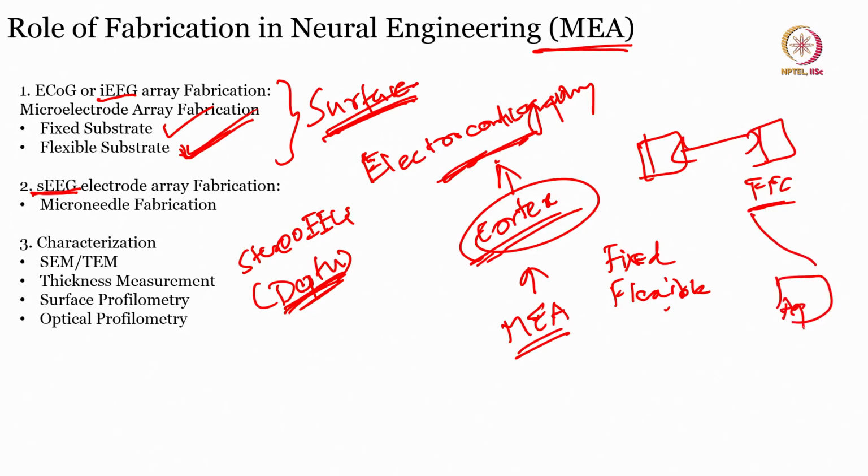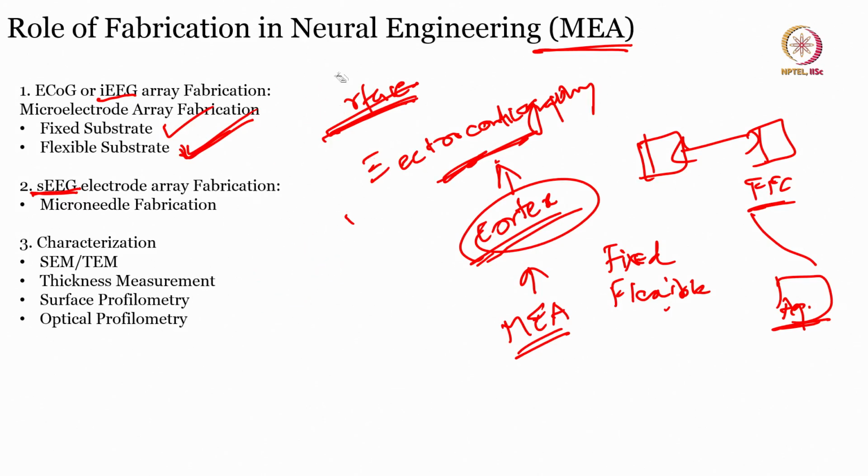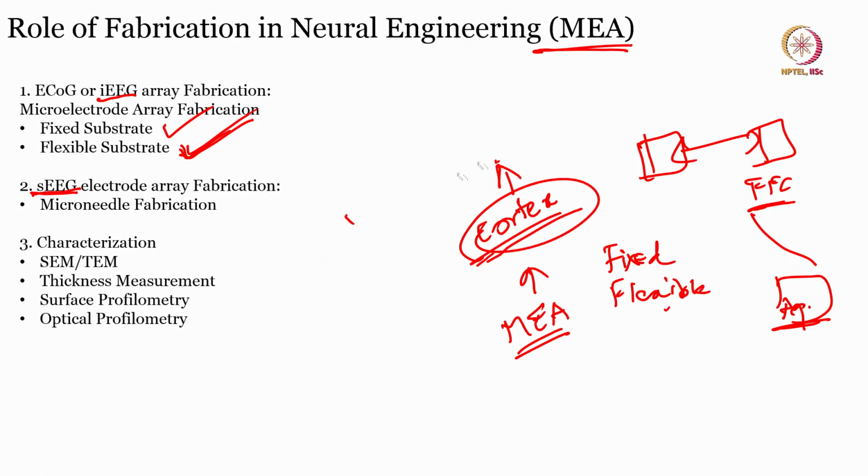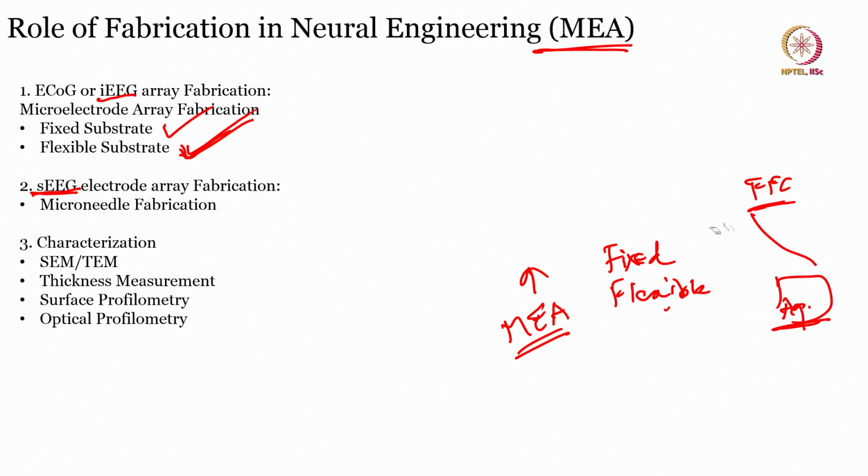Again, as I mentioned, this is just a rough idea of how the entire experimentation happens, and how fabrication is useful in terms of advanced neural science research. Now we will also see one more aspect in which microfabrication is used immensely in advanced neural science research, and that is characterization.